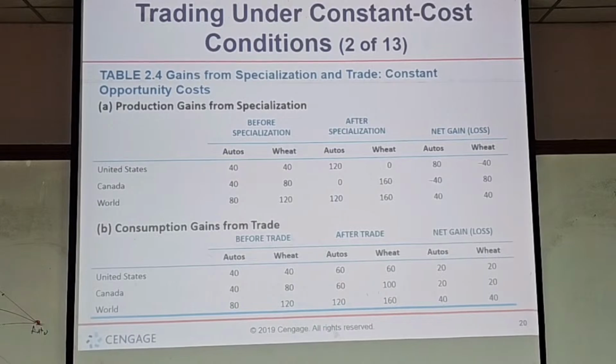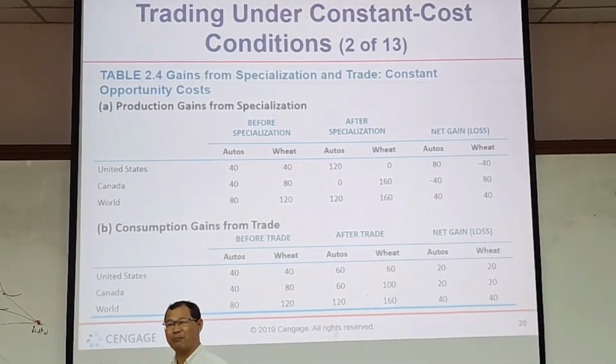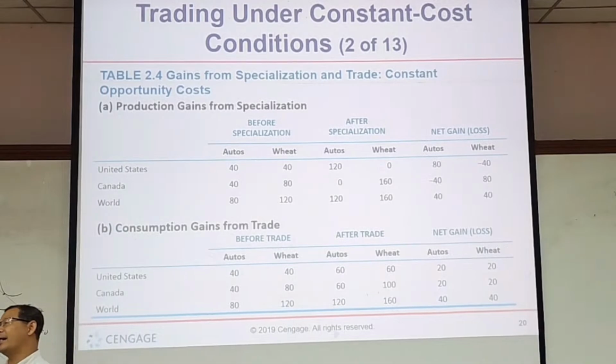This is the point of consumption, a combination of goods on an indifference curve, the same satisfaction. Another indifference curve further out gives more satisfaction, consuming more of auto or more of wheat. But the one that is touching is the point.